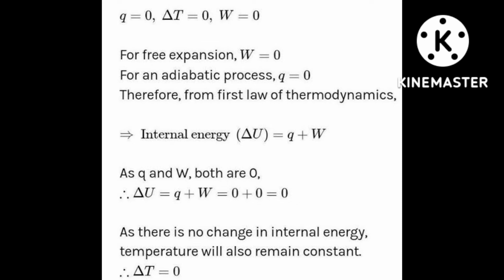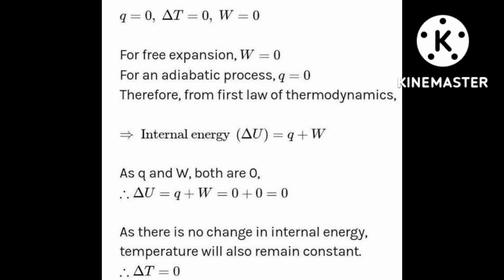Again I am reading it one more time: 2 liter of an ideal gas at a pressure of 10 atm expands isothermally into a vacuum until its volume is 10 liter. How much heat is absorbed and how much work is done in the expansion?